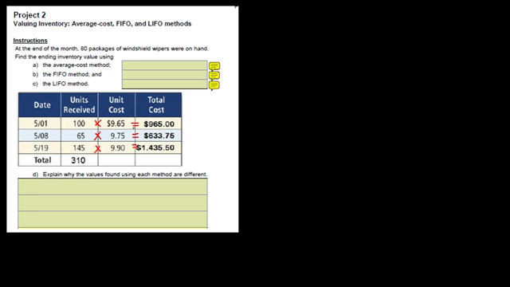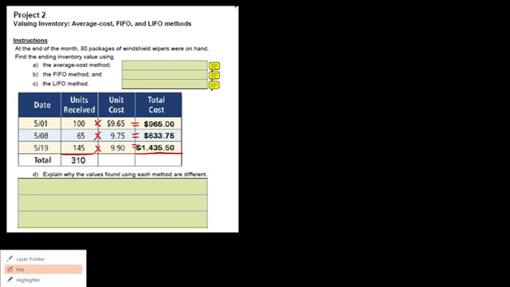So they've totaled the unit cost for each of the dates. They've also taken the total number of units received, so this 310 number, they simply took the sum of 100, 65, and 145, and they've left it to you to find the total cost on your own.